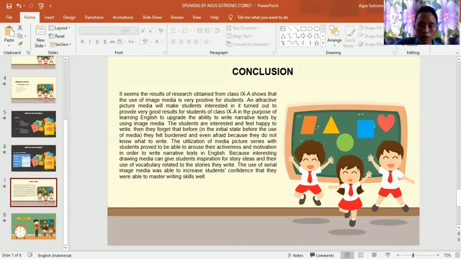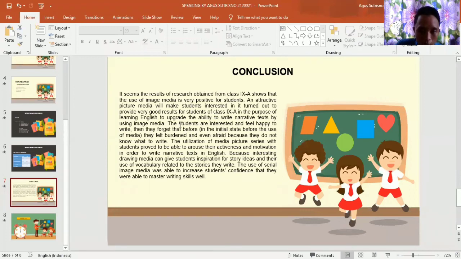The conclusion: the result of research obtained from class 7A shows that the use of image media is very positive for students. An attractive picture media will make students interested, and in turn provide very good results for students of class 7A in the purpose of learning English to upgrade the ability to write narrative text by using image media.